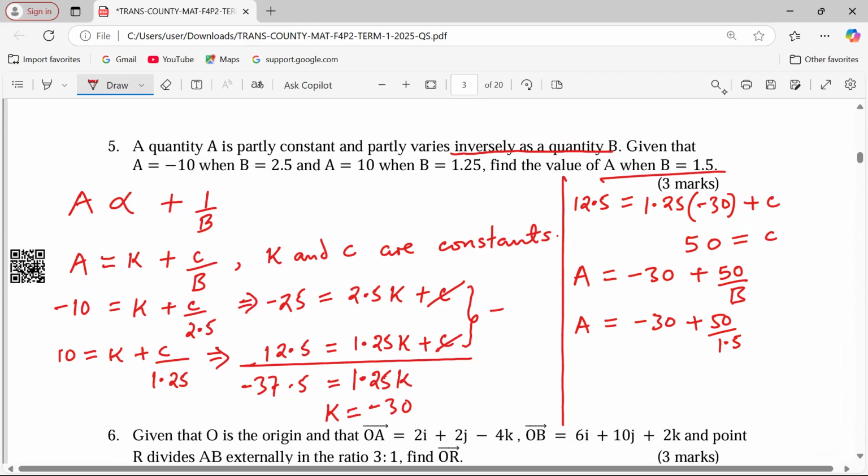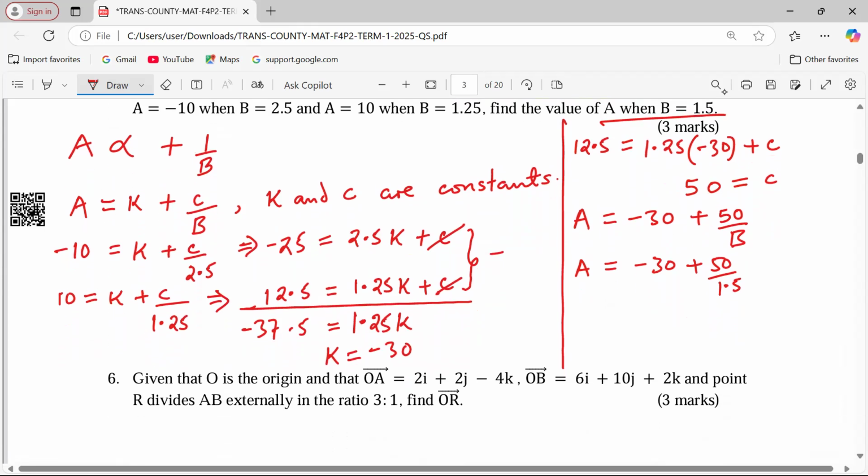Find A when B is 1.5. So the value of A shall be -30 plus 50 over 1.5. This is giving us 3 1/3.